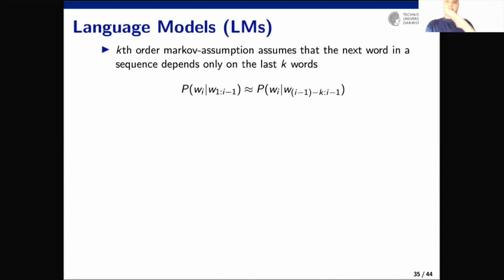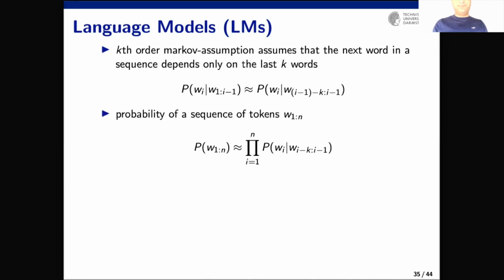We just look at the last k tokens or last k words. So therefore, the probability of a sequence of tokens can be defined like this. The probability of a sequence of tokens is the product of the probability of each word given its k words context.